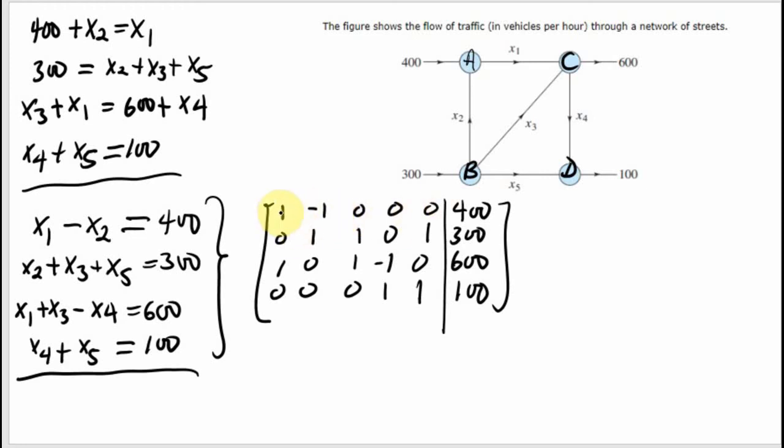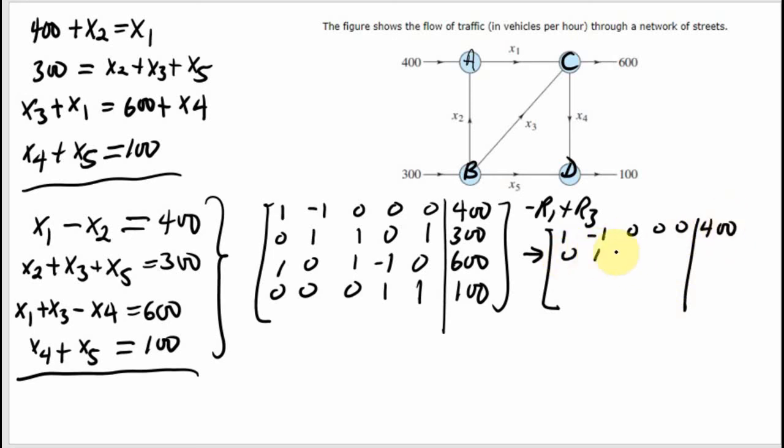So I'm going to take this one here and get a zero at A31. So let's say negative times row 1 plus row 3. But it sure does hurt when it doesn't work out, especially since this is being recorded and time is very limited.